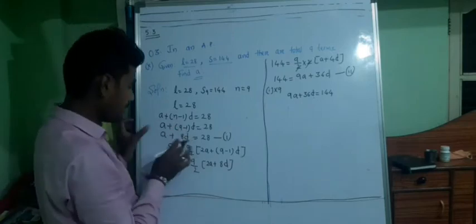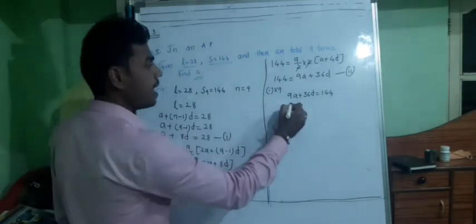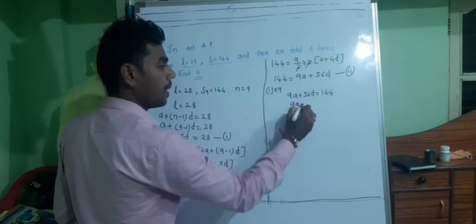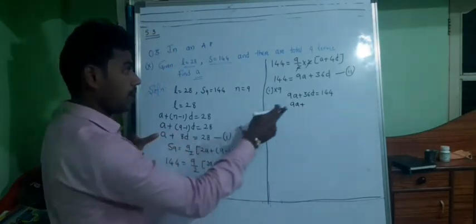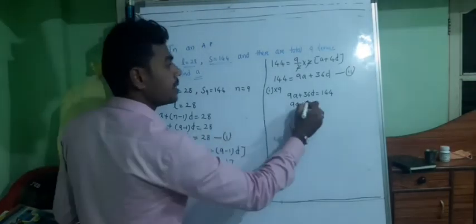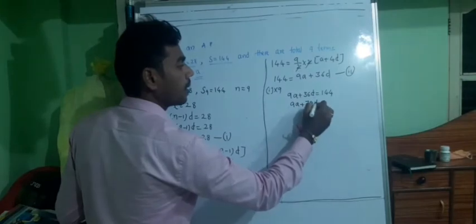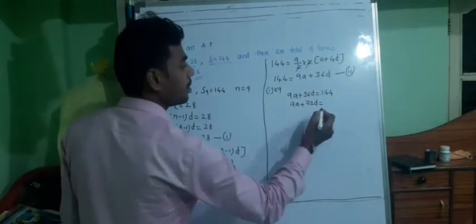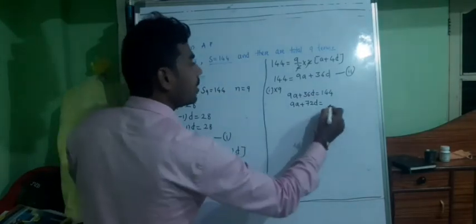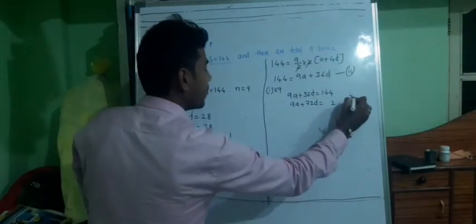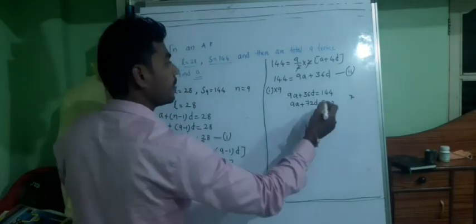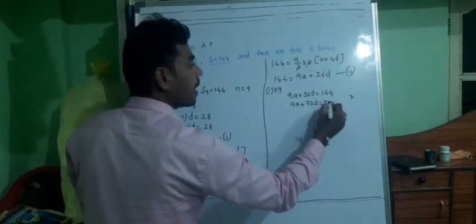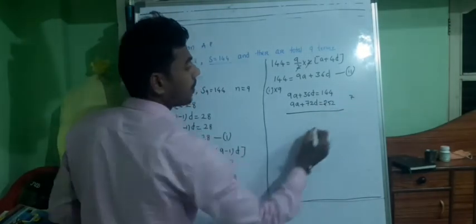So what is the first equation? See, 9 into A, 9A, plus 9 into 8, 72D, is equal to 9 into 28. 9 multiplied by 8 is 72, carry 7. 9 twos are 18 plus 7, 25.